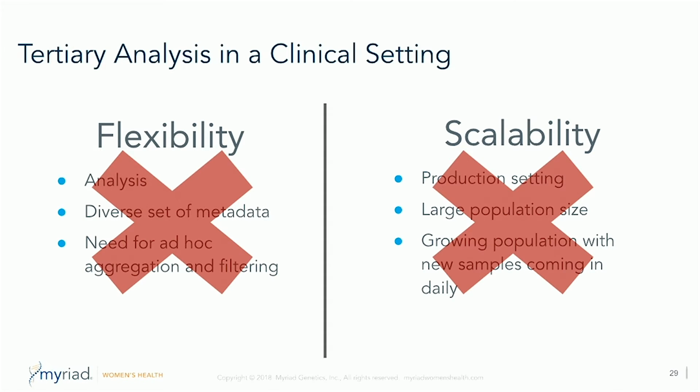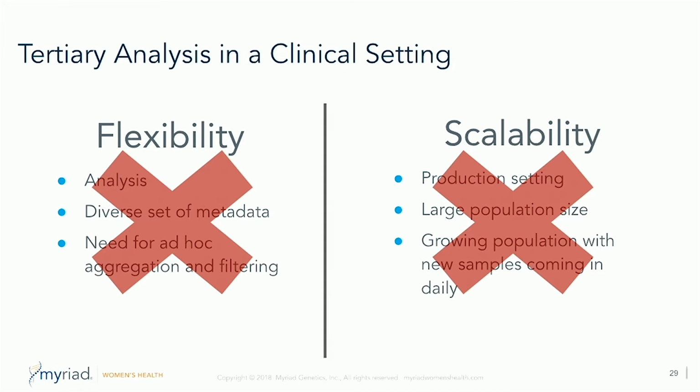The other thing is that it's really not able to do ad hoc aggregation and filtering. You really have to be thinking about what is the information that you want up front, and then building the pipeline to calculate it. So it's not a very flexible system.